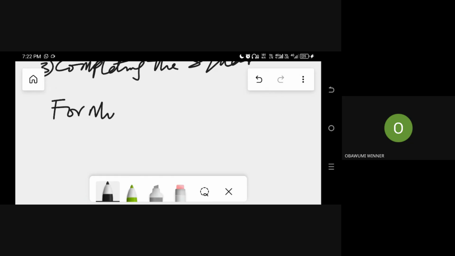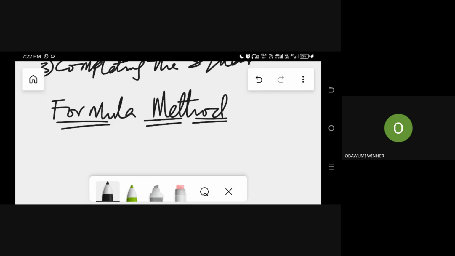The reason we are concentrating on the formula method is because it is non-selective. The factorization method can only solve quadratic equations where the terms are factorizable.